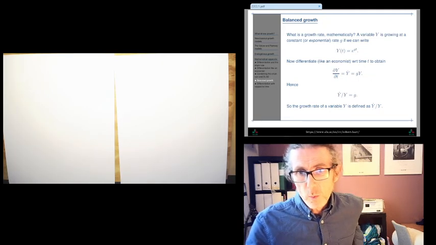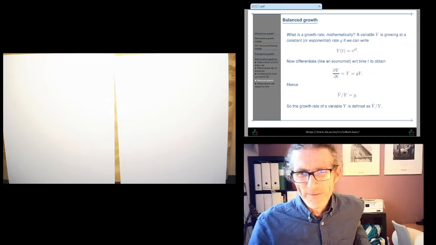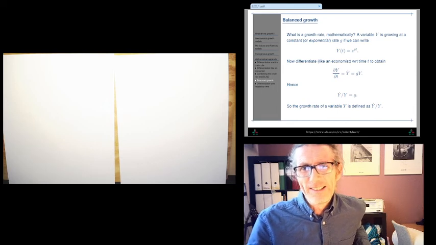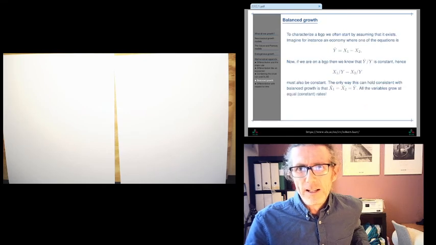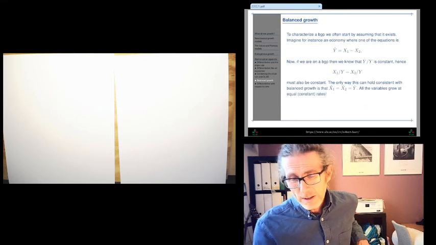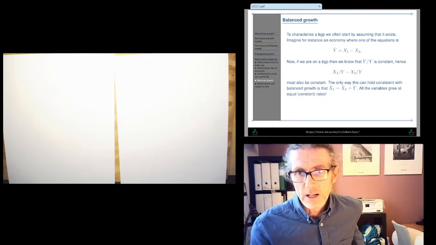Okay, so that is a bit of very basic stuff about growth and balanced growth. But how do we characterize a BGP, a balanced growth path, in general?